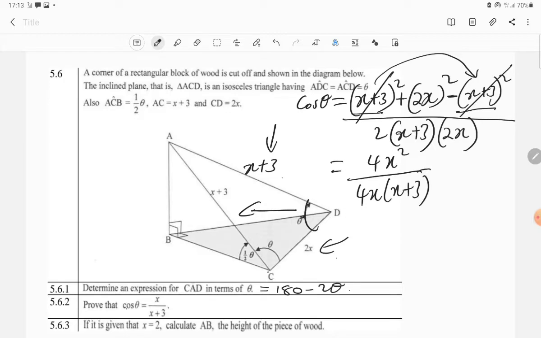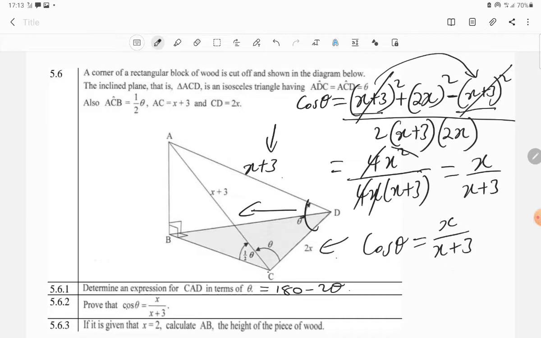If we simplify, the 4 cancels that one, and 1x cancels 1x there, so you're left with only x in the numerator and x plus 3 in the denominator. This is the proof that cos theta is really equal to x divided by x plus 3. We have used the cosine rule to figure out cos theta in this diagram.